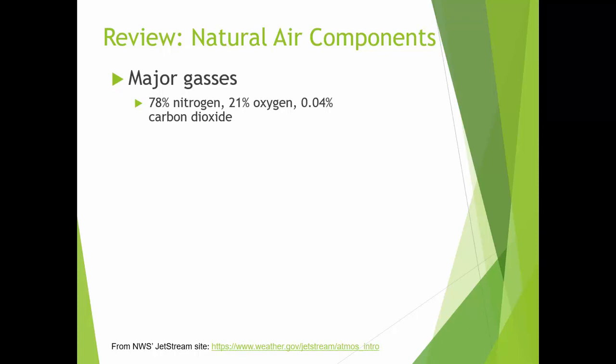Plants take up carbon dioxide in order to build plant material. Water vapor, depending on where you live, can make up from almost 0 to 4% of gases in the surrounding air. So when we talked about the major gases before, that was excluding water vapor because that number does vary.